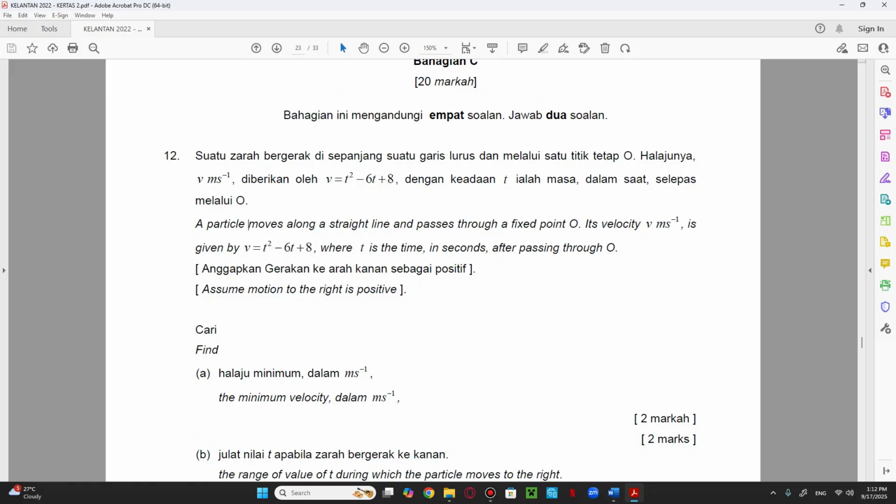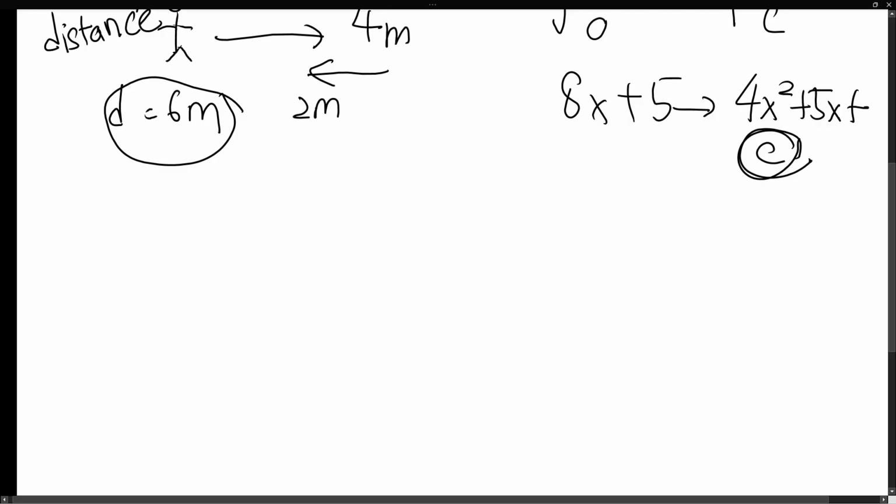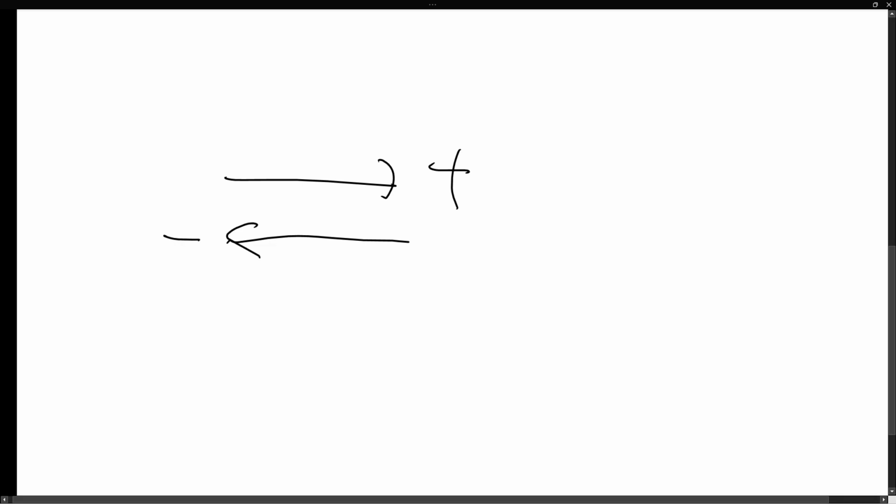A particle moves on a straight line and passes through a fixed point O, and its velocity, v ms^-1, is given by v = t^2 - 6t + 8, where t is the time in seconds after passing through O. Assume motion to the right is positive. What it's telling us is that most of these questions will say assume motion to the right is positive, which means when you're going to the right, it is positive. If you're going to the left, it is negative. So that's what they're trying to tell.